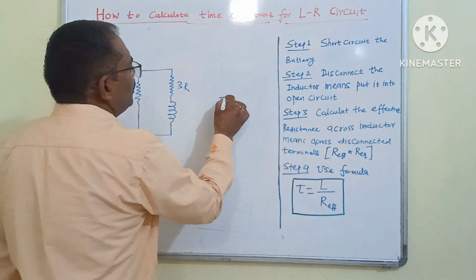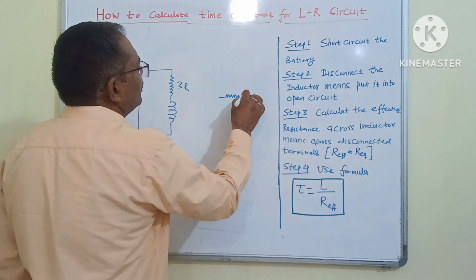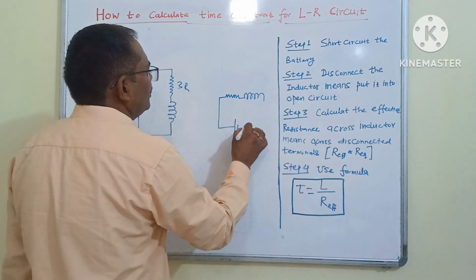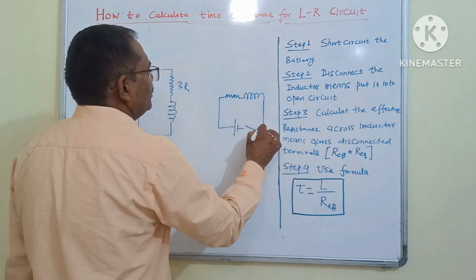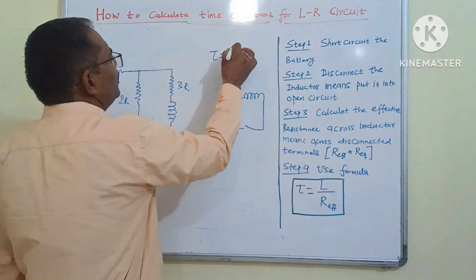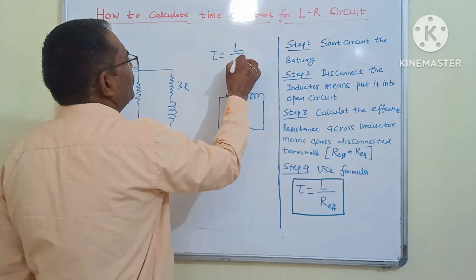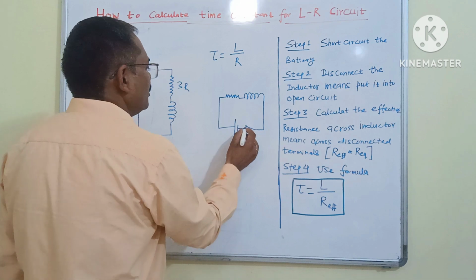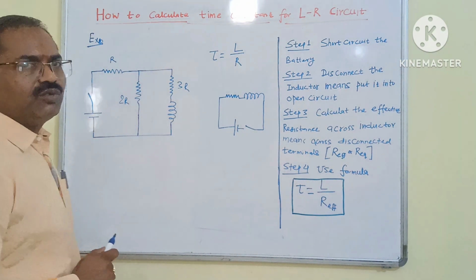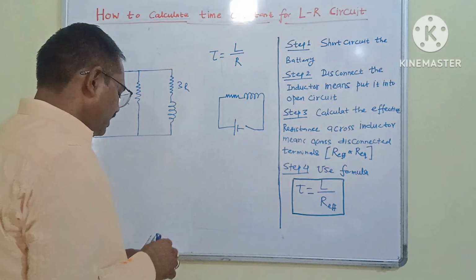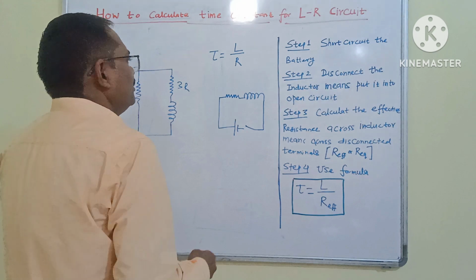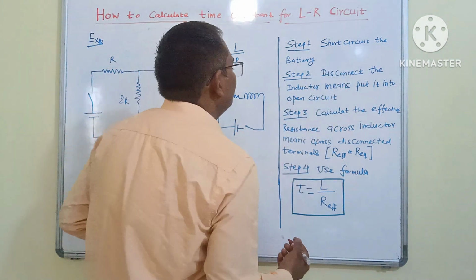Normally, if only one resistance and one inductor is there in the circuit, then simply the time constant can be written as tau equals L over R. But when the circuit is complicated, when it has three resistances, how can you calculate the time constant? There are a few steps to be followed, and I will discuss them one by one.